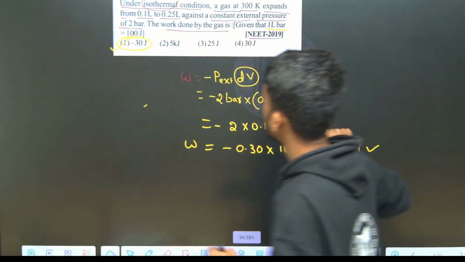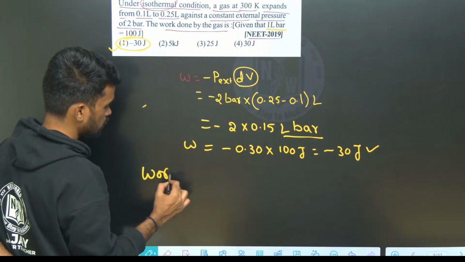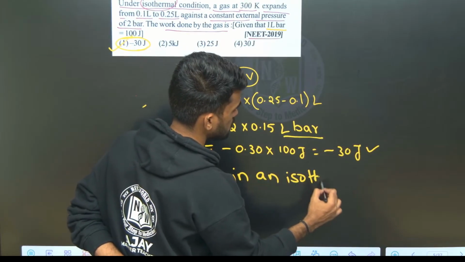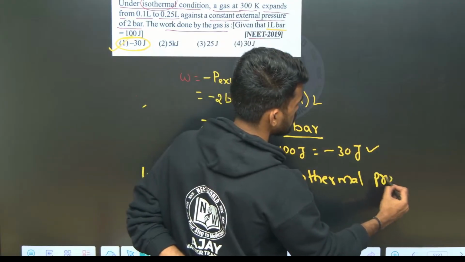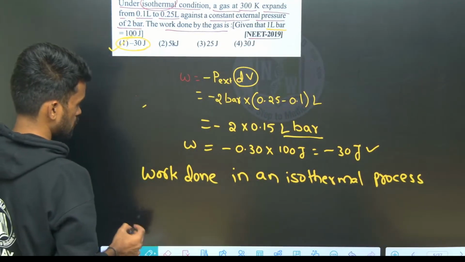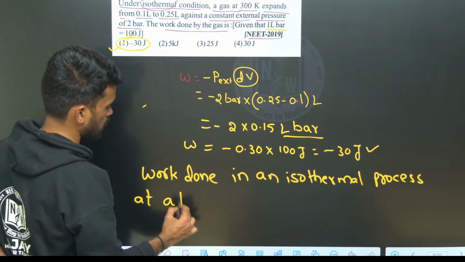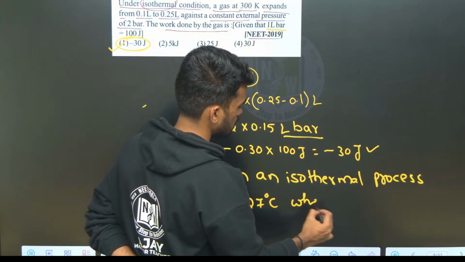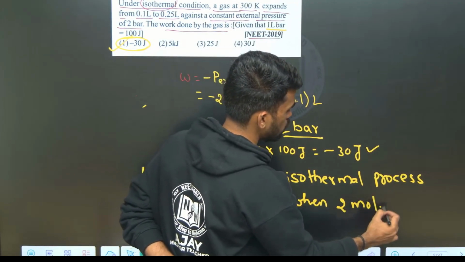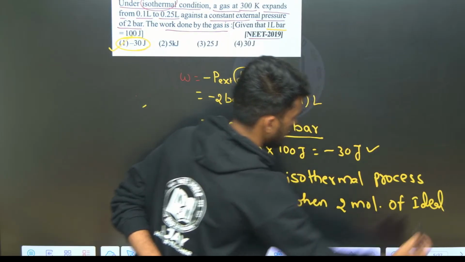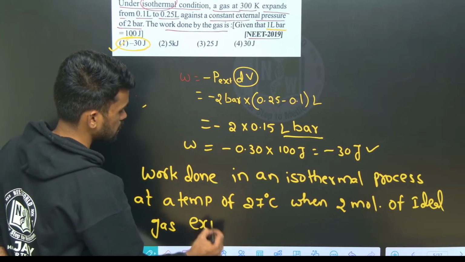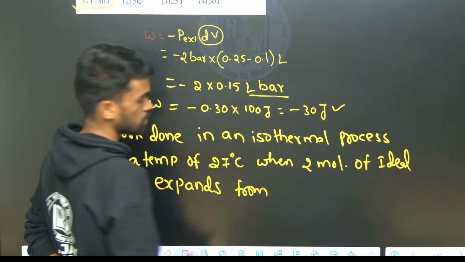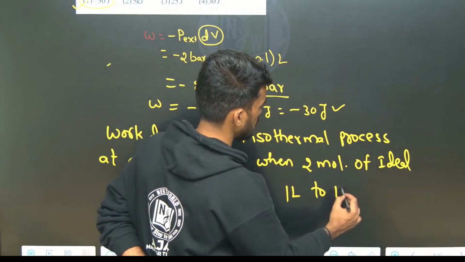See, work done in an isothermal process at a temperature of 27 degrees Celsius when 2 mole of ideal gas expands from 1 liter to 10 liter.